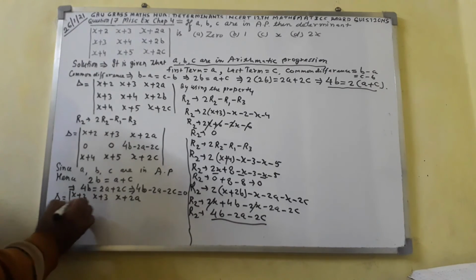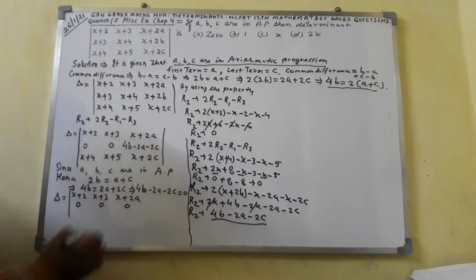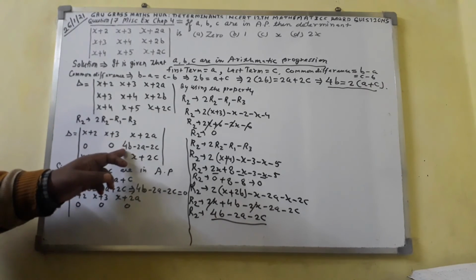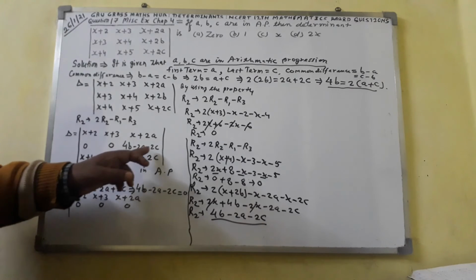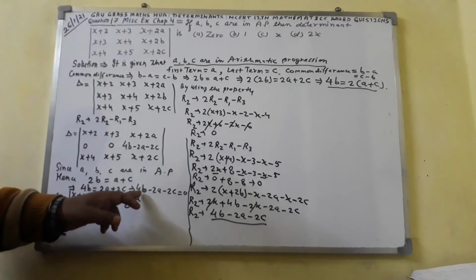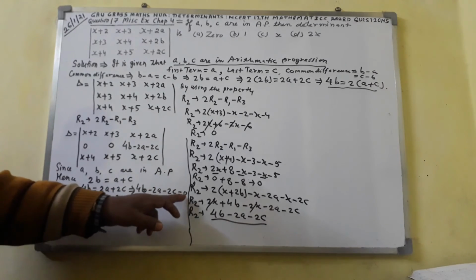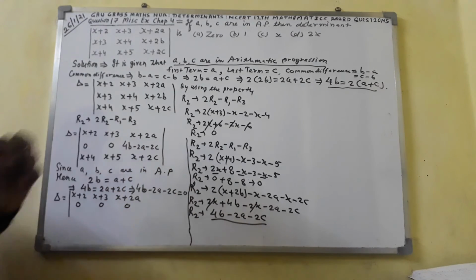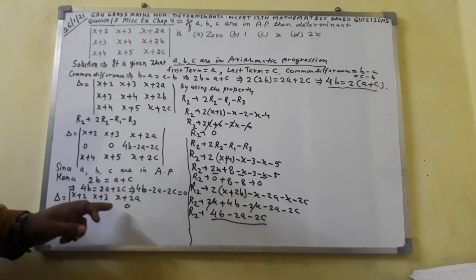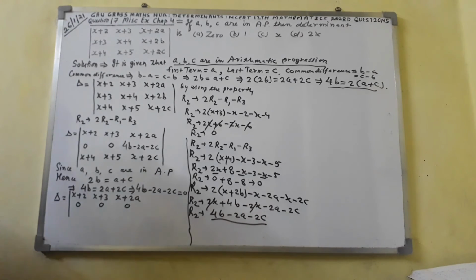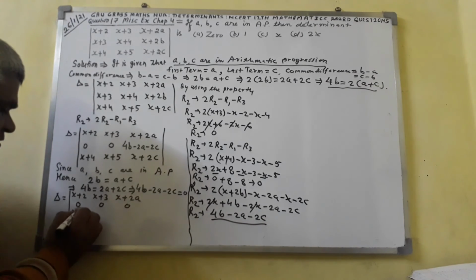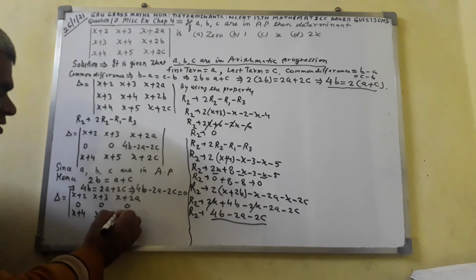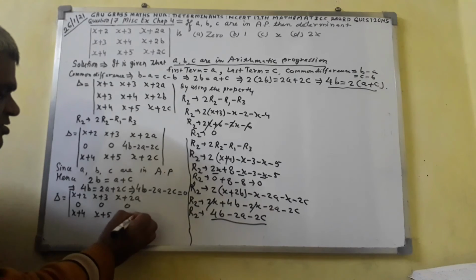Here you will get 0, 0, 0, because in place of 4b minus 2a minus 2c, since 4b minus 2a minus 2c equals 0, in place of this term I can put 0. Second row will be 0. So here write x plus 4, x plus 5, x plus 2c.